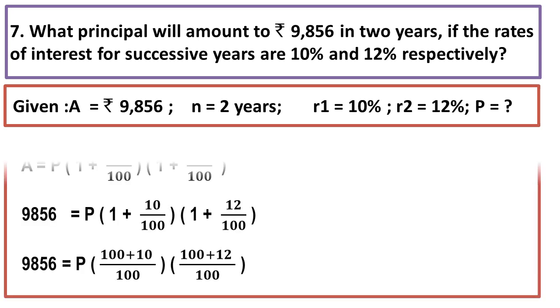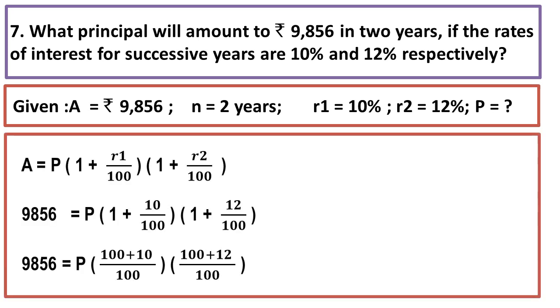So use the formula amount is equal to P into 1 plus R1 by 100 into 1 plus R2 by 100. Why? Because here the rates for successive years are different.